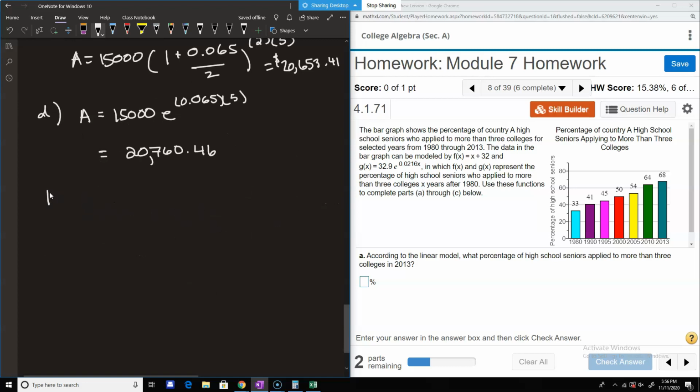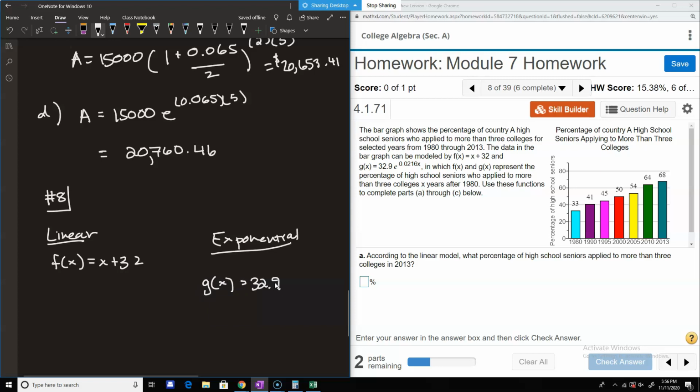So for number 8 here, we have linear is f of x equals x plus 32, and then we have the exponential model, which is, this is just for this particular example that I have. Again, the numbers are going to vary from problem to problem. 32.9 e to the 0.0216x.